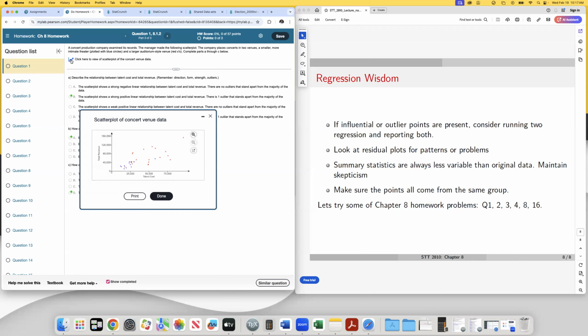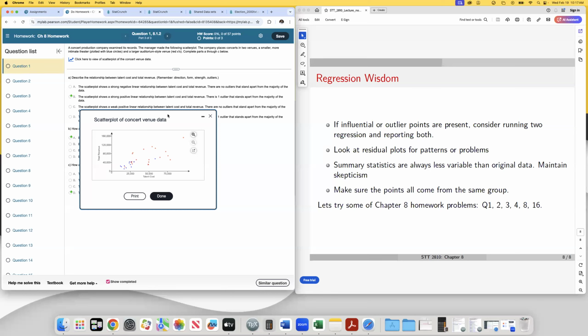So let's see, we can see the blue here. This is the scatter plot. We can see this is the total revenue. We can also see that this is the talent cost. And we are told that the smaller auditorium is in blue circles and then the larger auditorium is in red.